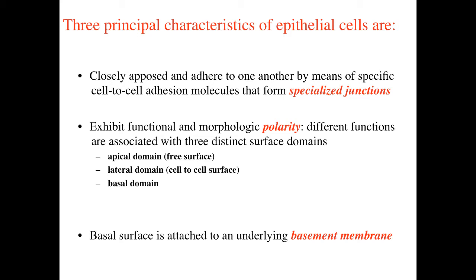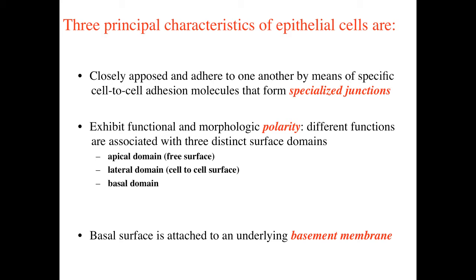We're going to talk about an apical domain or a free surface domain on epithelium. We'll talk about a lateral domain, that would be a cell-to-cell surface domain, and we'll talk about a basal domain, that would be the area of epithelium that might rest on an underlying basement membrane or basal lamina.